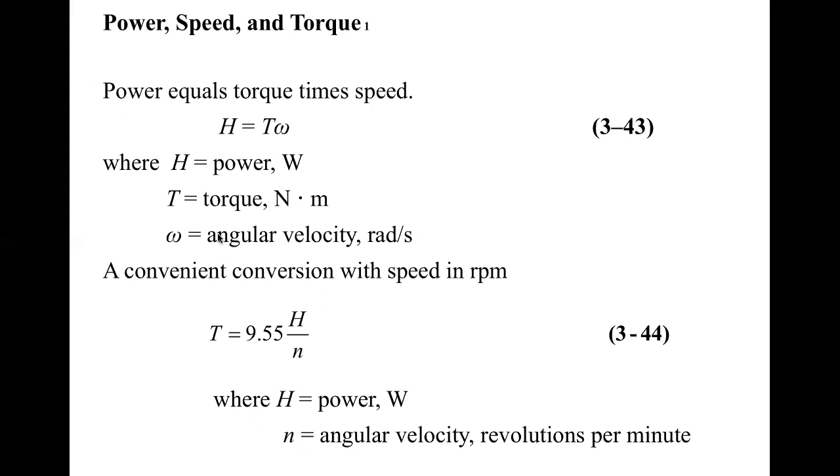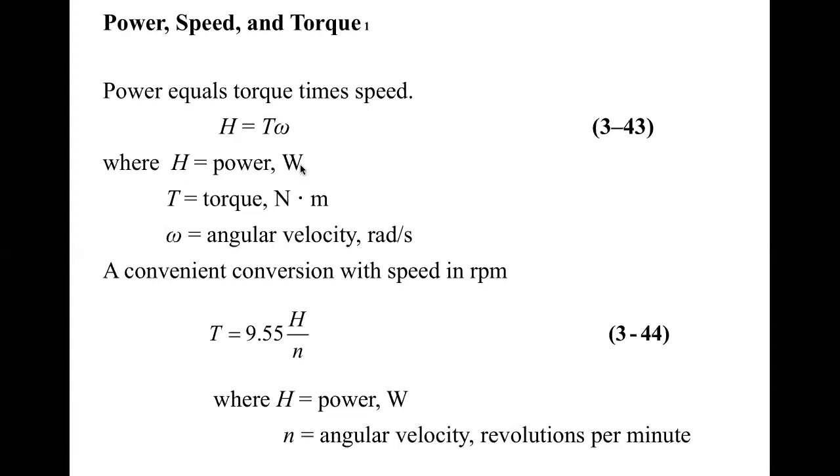And T is the applied torque, and omega is angular velocity. So most of the time, we give you the H, we give you the omega, and then you figure out what is the torque you need. So you know the load, and then you can find the stresses, find the dimensions.